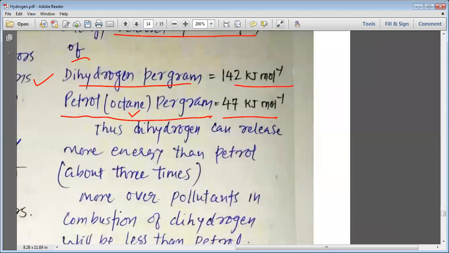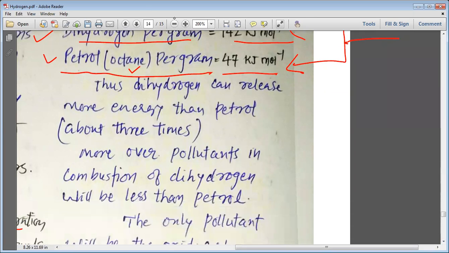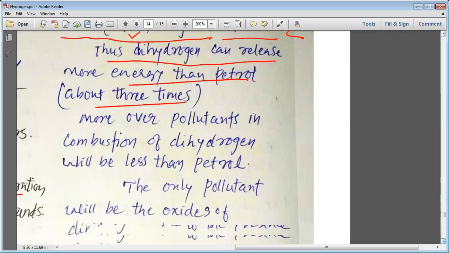So, my dear students, when you compare this, per gram of dihydrogen the energy released is almost 3 times that of petrol. Thus, dihydrogen is going to be a wonderful, very efficient fuel for us because its efficiency is almost 3 times the efficiency of petrol. Thus dihydrogen can release more energy than petrol, almost 3 times.